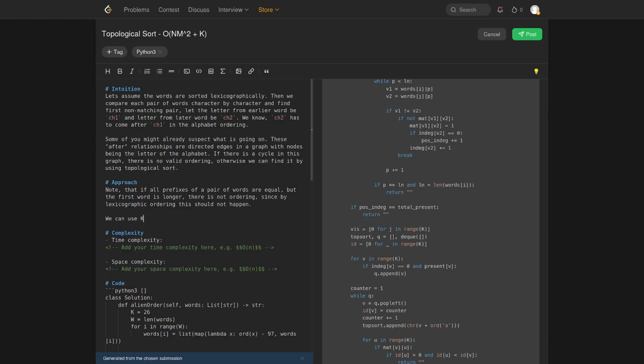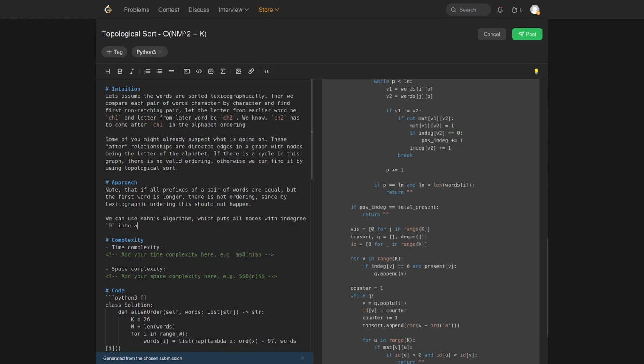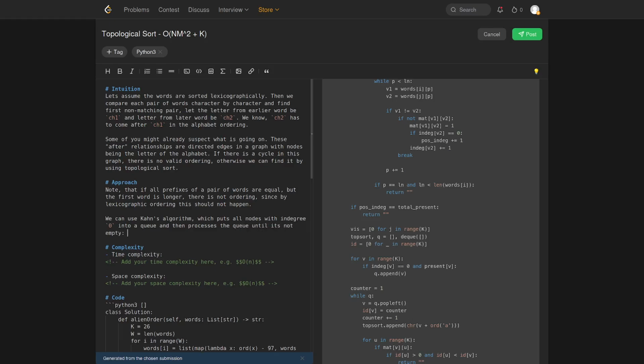We can use Kahn's algorithm, which puts all nodes with degree 0 into a queue until it's not empty. For each node W, we check its neighbors, and yeah, these IDs I can skip, to be honest.